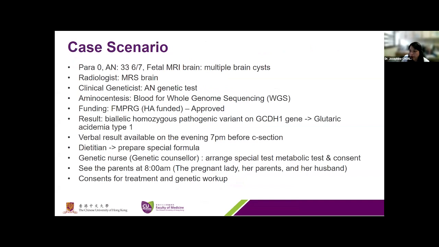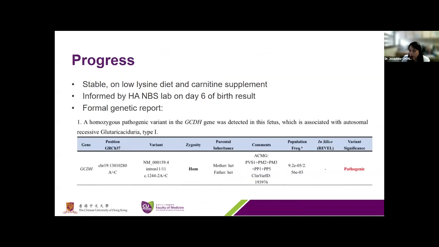This patient presented with multiple brain cysts. With the antenatal presentation, genetic testing was offered, and the patient had the genetic result before delivery. So we had to explain the genetic findings to the parents on the day before they delivered by elective cesarean section.